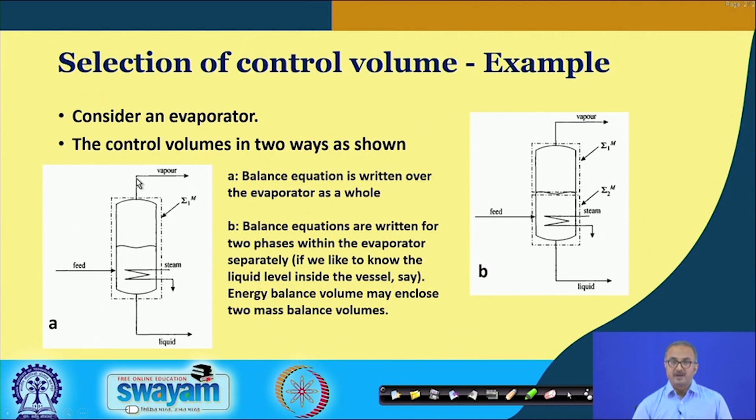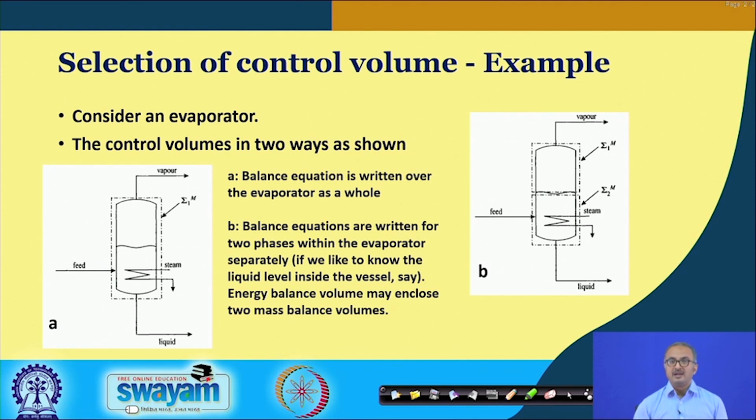We are taking the vapor out from the top, liquid from the bottom, and here we can make a mass balance, energy balance over the whole evaporator. If we do that, we will obtain how the total mass inside the evaporator is changing, or how much energy is getting accumulated in the evaporator.